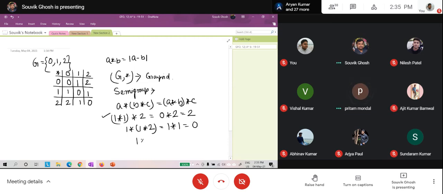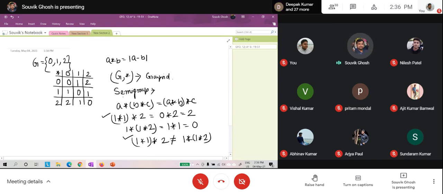No. So that means 1 star 1 star 2 is not equal to 1 star 1 star 2 with the other grouping. So the associative property does not hold, and this is not a semigroup.